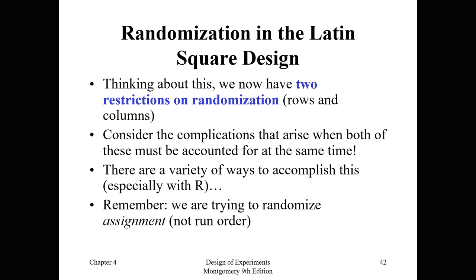Now thinking about this, because we have 2 blocks, now we have 2 restrictions on randomization, and this is kind of weird. 2 restrictions on randomization. And this is coming from, again, each of our blocking factors represents a restriction on randomization. Consider the complications that arise when we have to do 2 restrictions. Consider how you would do this mentally.